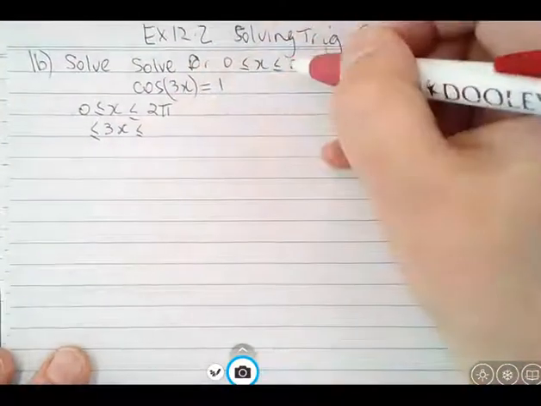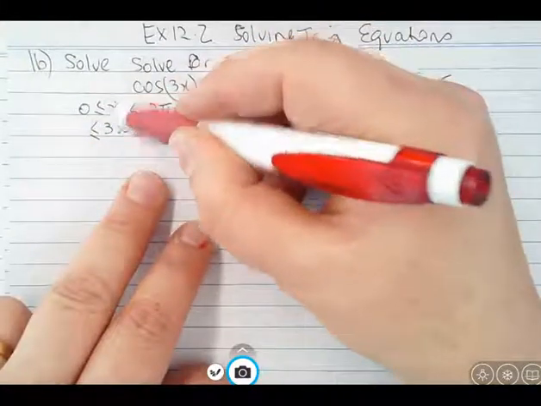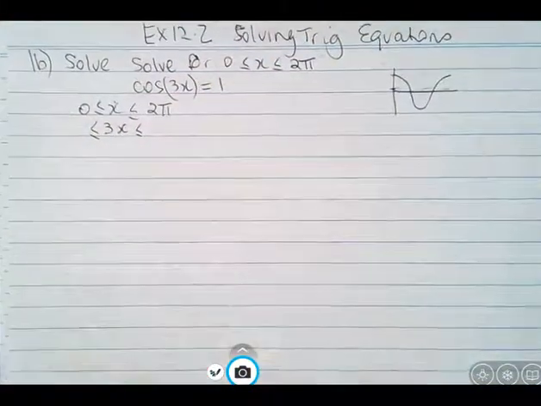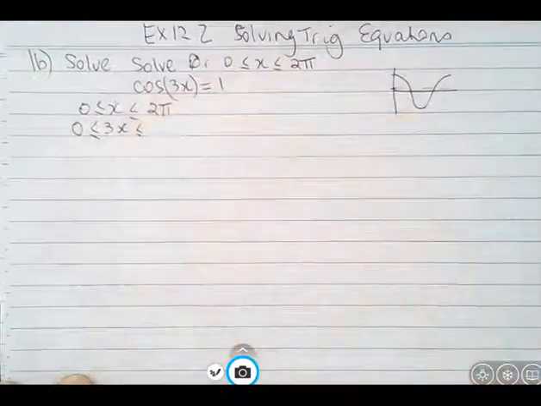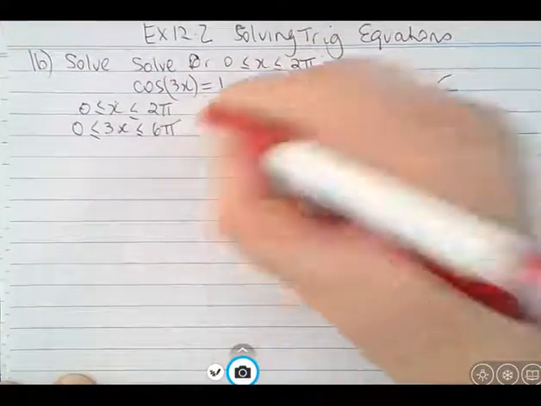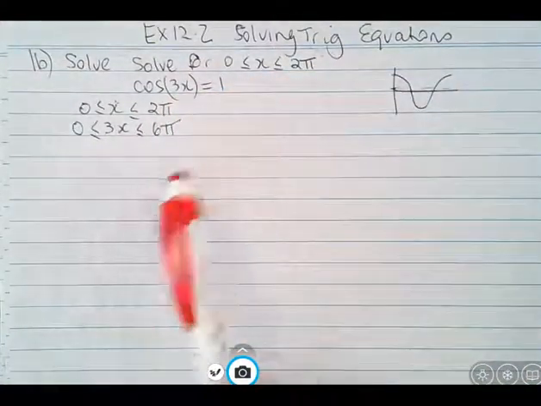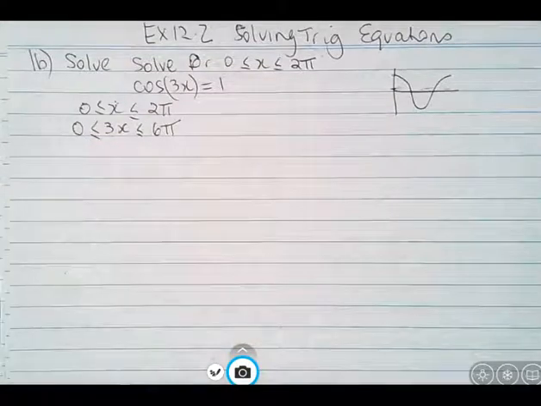I'm not solving for x, I'm solving for 3x. How am I going to go from x to 3x? I've got to multiply by 3. So I do 0 times 3 is 0, x times 3 is 3x, 2 pi times 3 is 6 pi. You actually have to solve this from 0 to 6 pi when you're working with 3x.